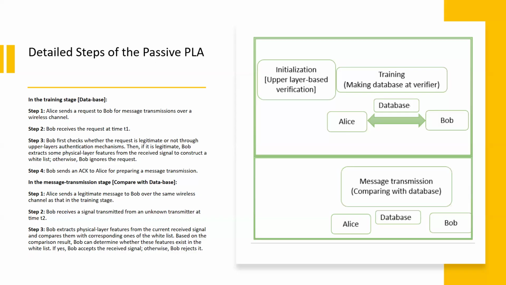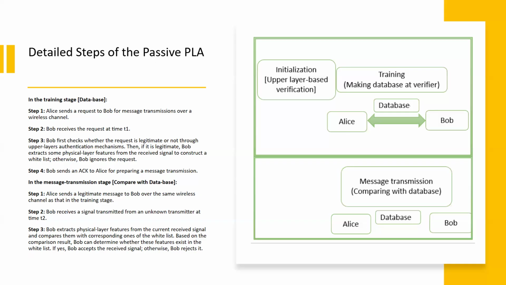Later on, we will move to a new stage where we show how physical layer authentication can be executed independent of the upper layer authentication. But here we go step by step and study all the techniques that are available in the literature and what the developers and researchers are doing in this domain.